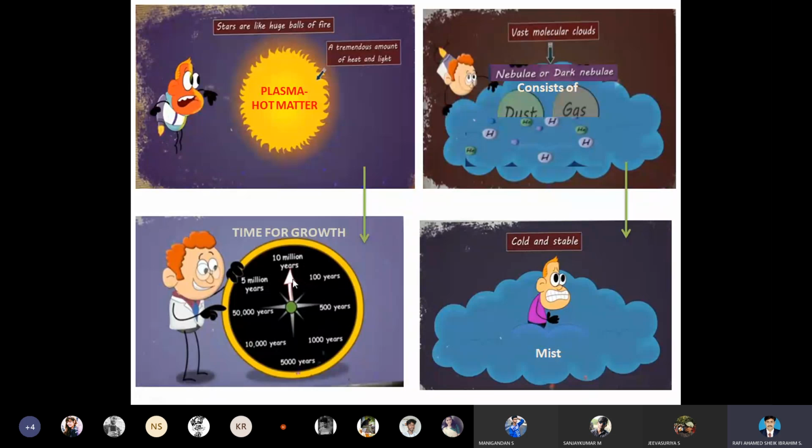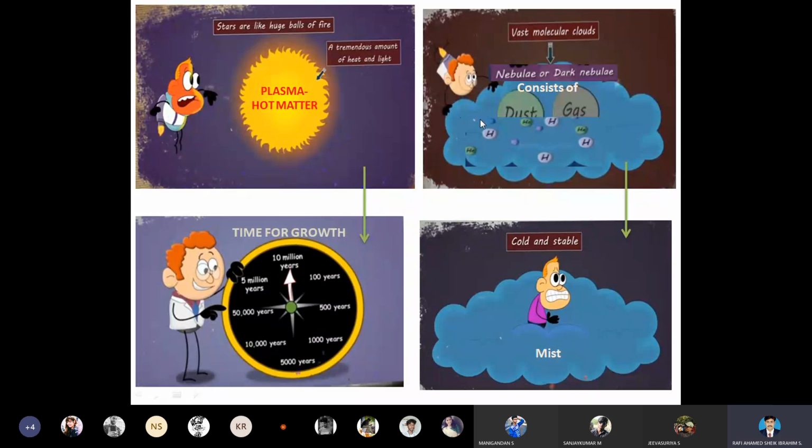These millions of years form a hot matter, a bright, glowing plasma. So the star is a huge ball of fire which emits a tremendous amount of heat and light. The lifetime of the star is around 10 million years.